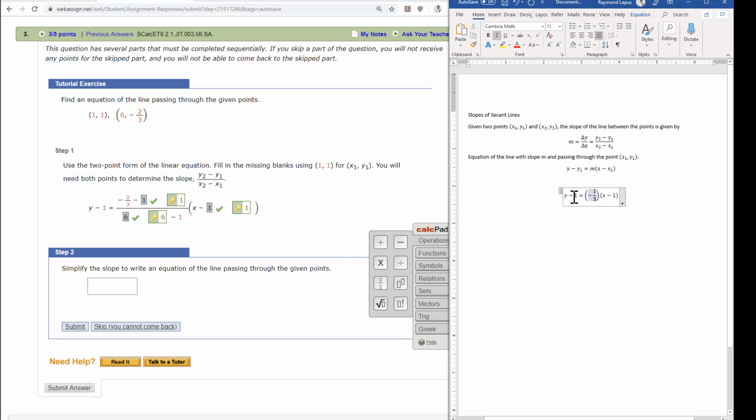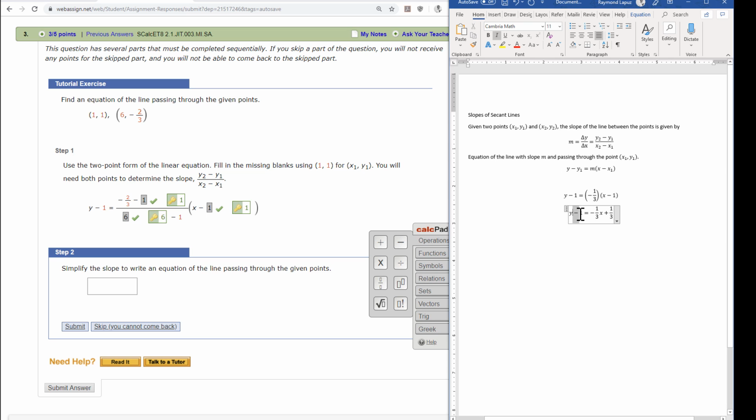We can bring the 1 to the other side and write it in point-slope formula. We can distribute the negative 1/3. So this would be negative 1/3 x, and then negative 1/3 times negative 1 is positive 1/3.